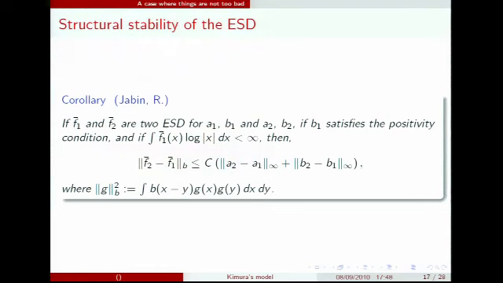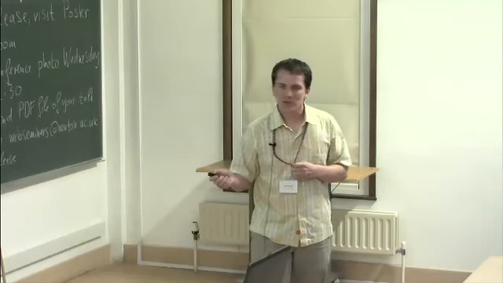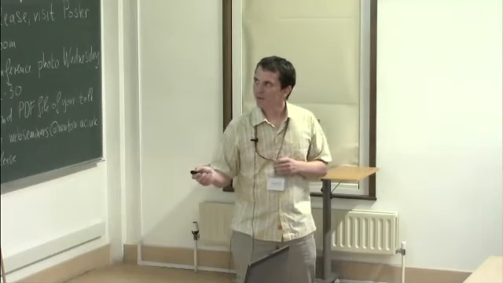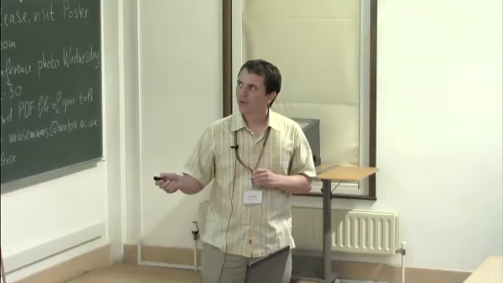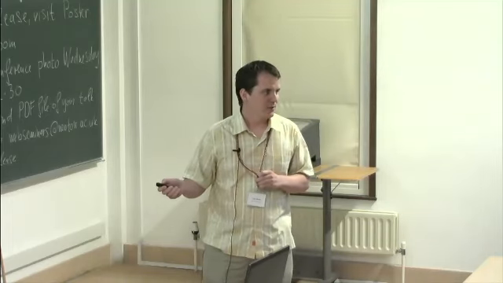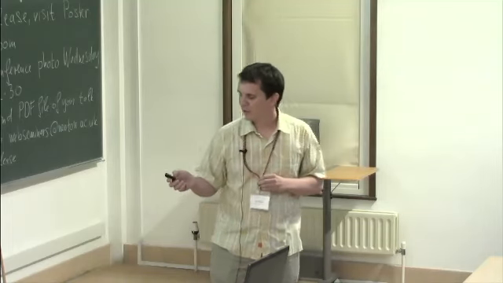But from our previous result, we can make a corollary, and this corollary says that if you modify a bit the coefficients A and B, the ESD won't change too much. All right. So you have a structural stability, but this stability occurs for the weak norm of measures.